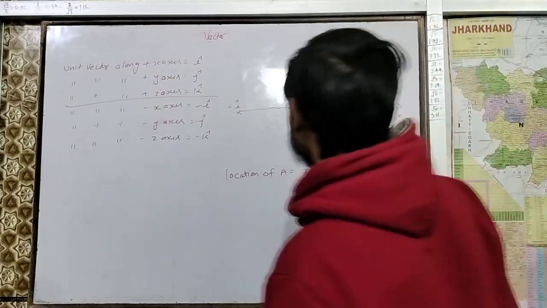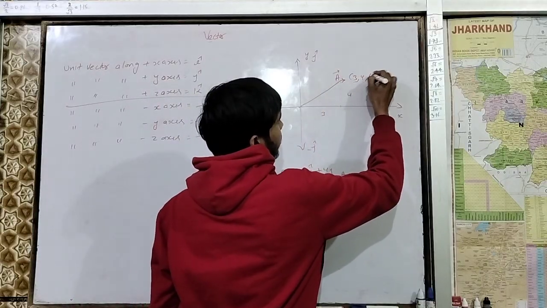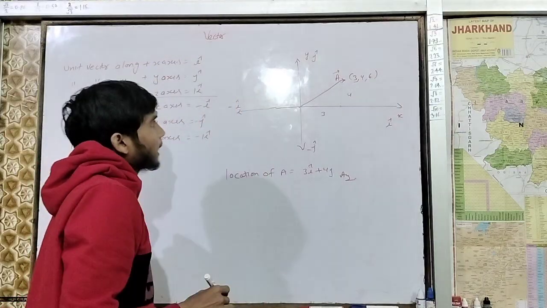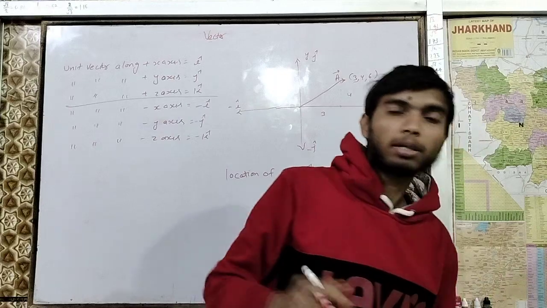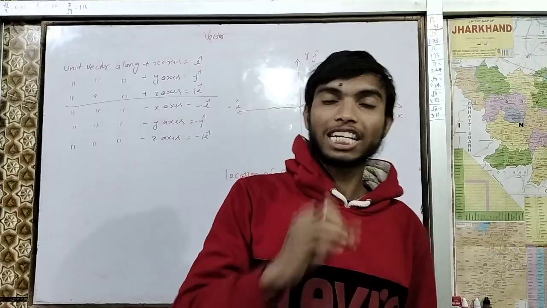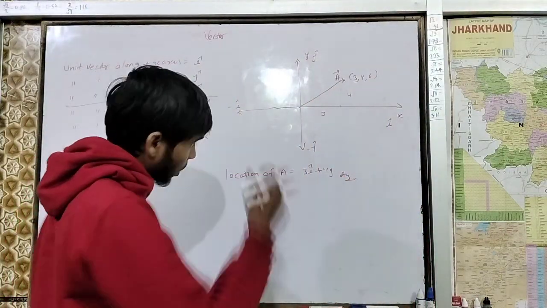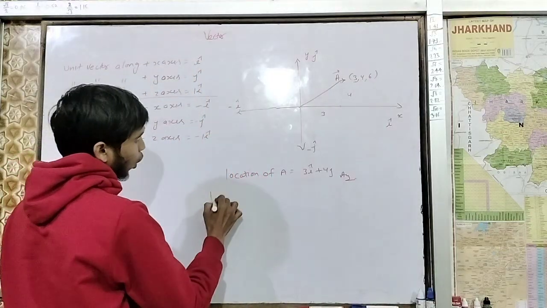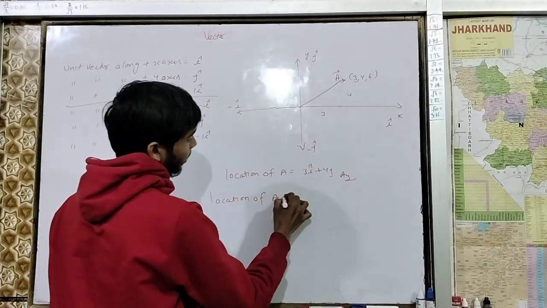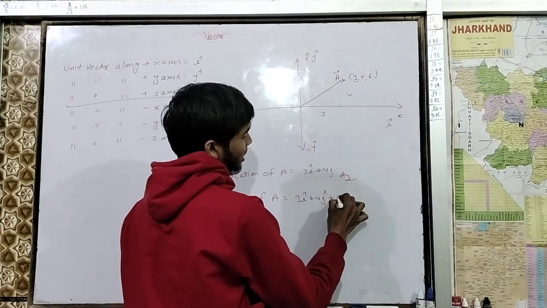Now what if there are 3 axes? It is saying that the particle covered 3 units along the x-axis, 4 units along the y-axis, 6 units along the z-axis. This is the meaning of this coordinate. Now we will say the location of a particle is 3I cap plus 4J cap plus 6K cap.